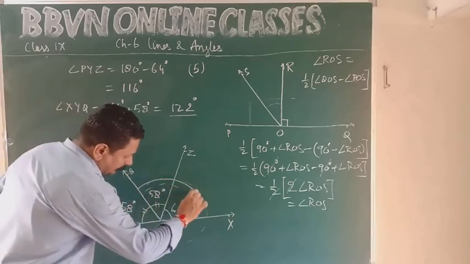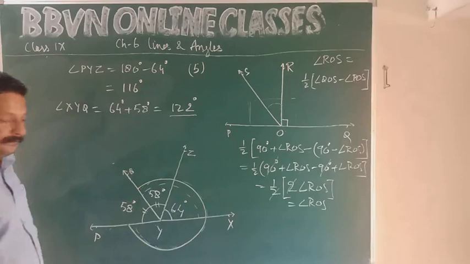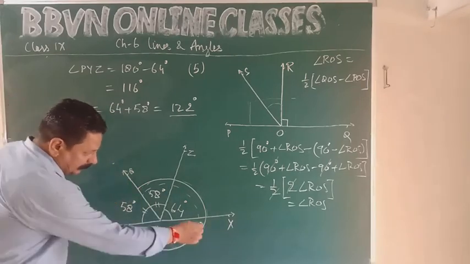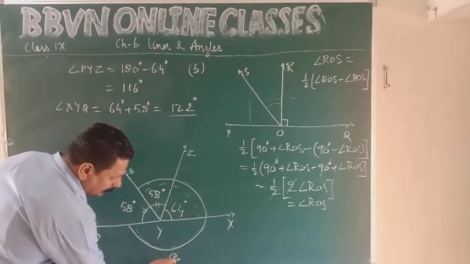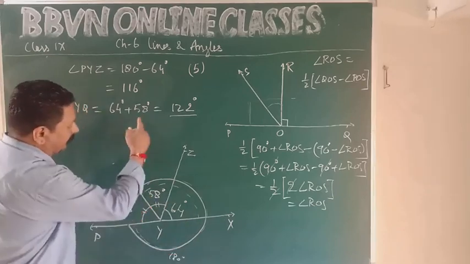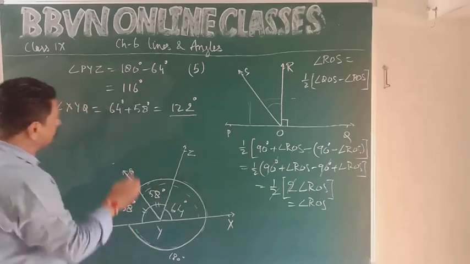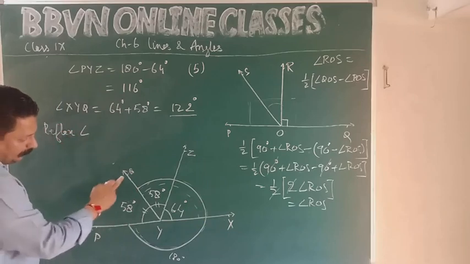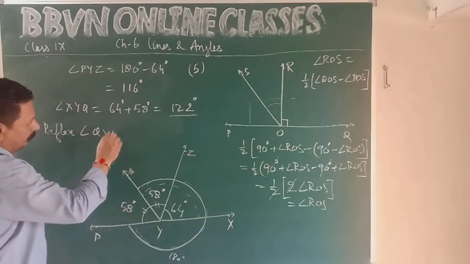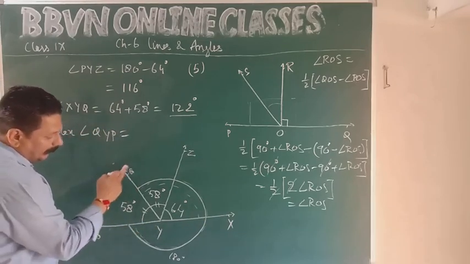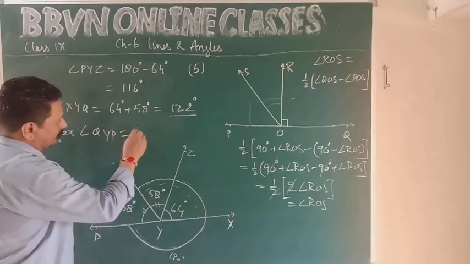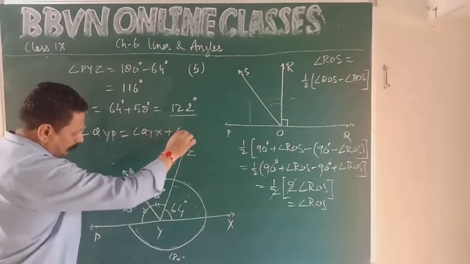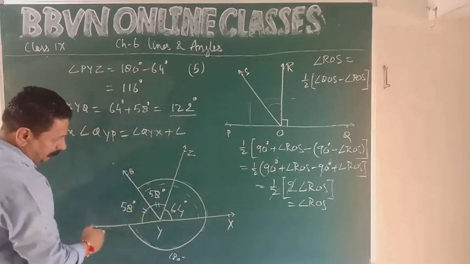This entire angle. So this entire angle is, see, this is 180 degrees. And just now we have taken this angle as 122 degrees. So reflex angle QYP is equal to angle QYX plus angle XYP.